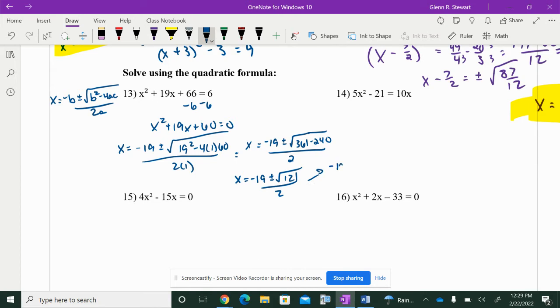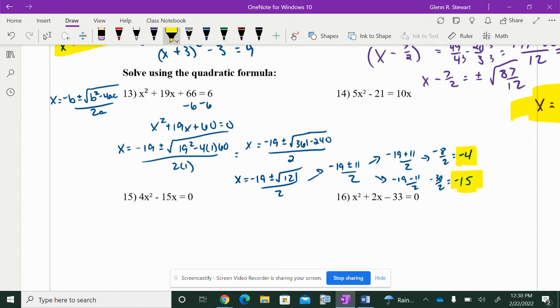So this is going to be negative 19 plus or minus 11 over 2. So this will give me negative 19 plus 11 over 2, and then negative 19 minus 11 over 2. So negative 8 over 2, which is negative 4, or negative 30 over 2, which is negative 15. And those would be my two answers.